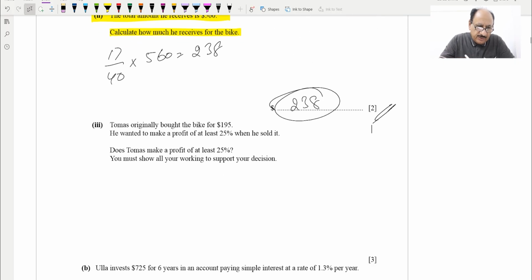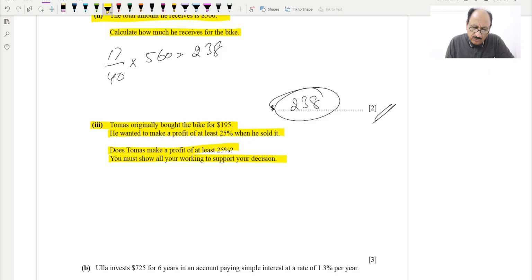Now part 3, it says that Thomas originally bought the bike for $195. He wanted to make a profit of at least 25% when he sold it. Does Thomas make a profit of at least 25%?